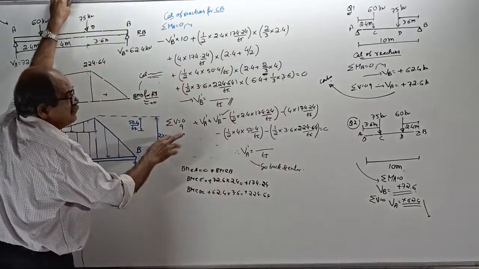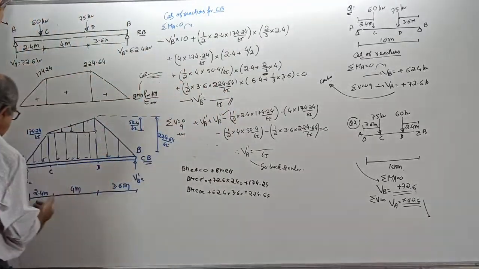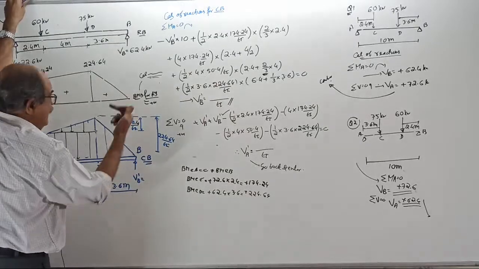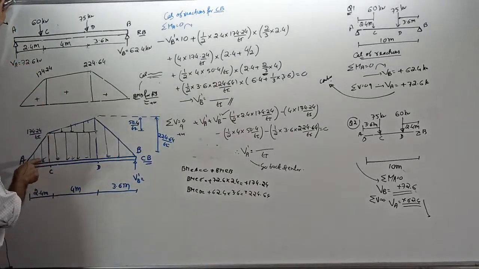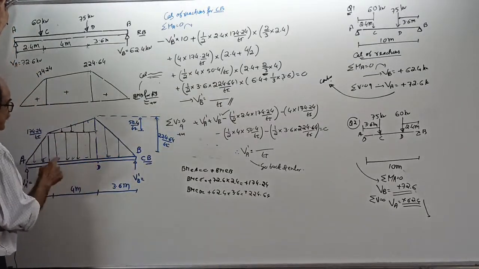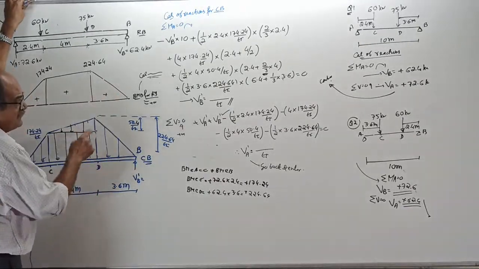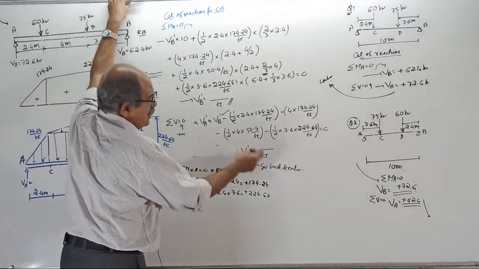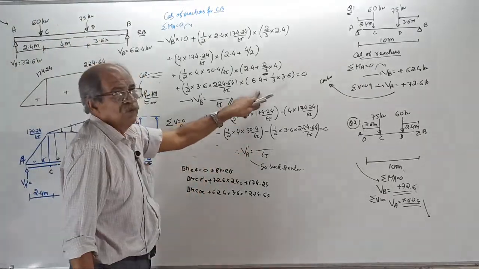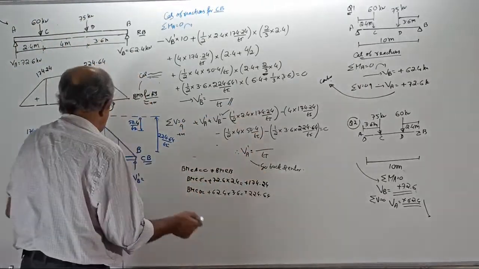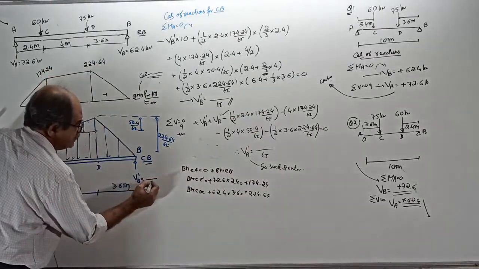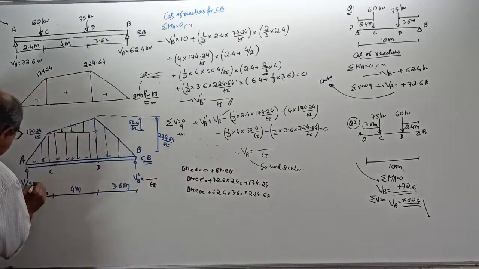Then, sigma V equals 0, upward positive, plus VA dash plus VB dash, minus half base height, minus base into height, minus half base height, minus half base height equal to 0, you get the value of VA dash. Calculate these two reactions, go back and enter the values here by EI, by EI.